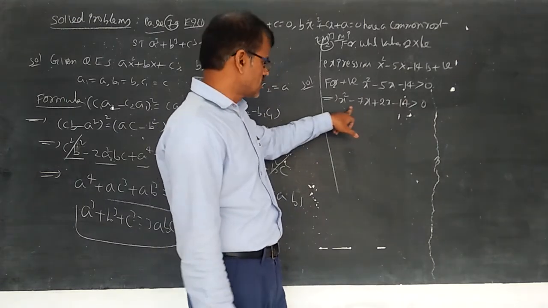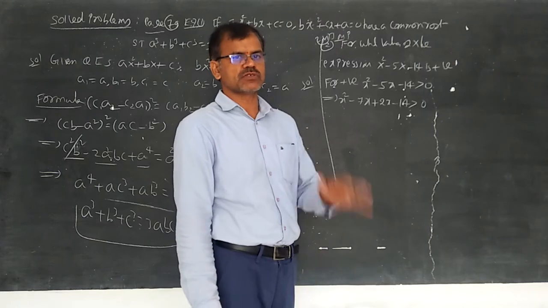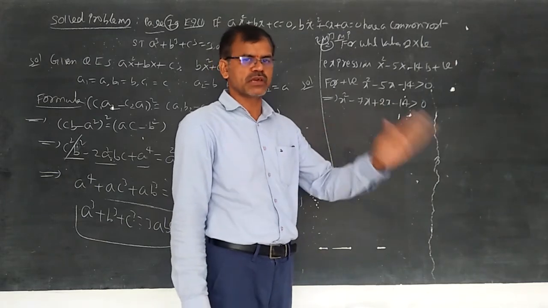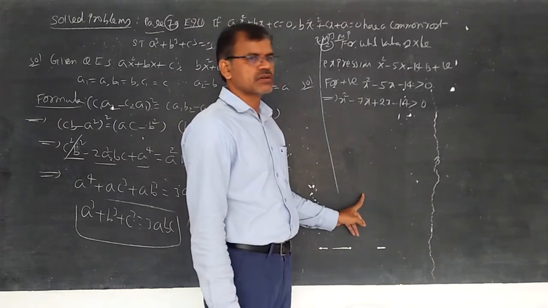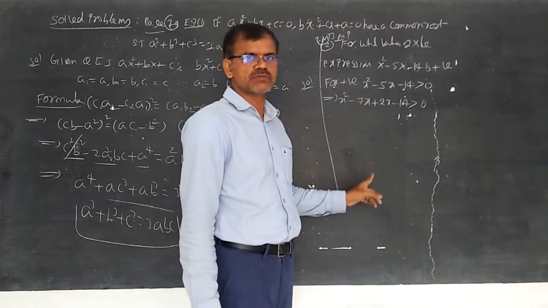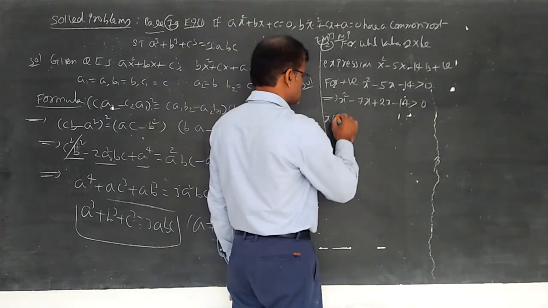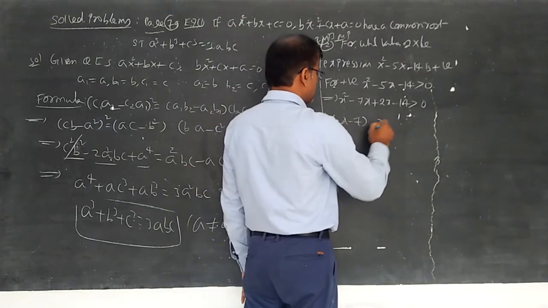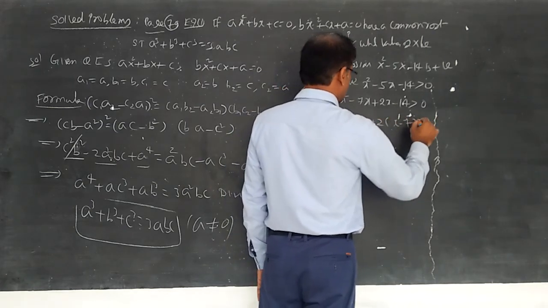Otherwise simply do x is equal to minus b plus or minus root of b square minus 4ac by 2a, keep aside and substitute the values later. Whatever method I am saying, follow this method only, don't get confused. Taking x common, x minus 7; taking plus 2 common, x minus 7 greater than 0.